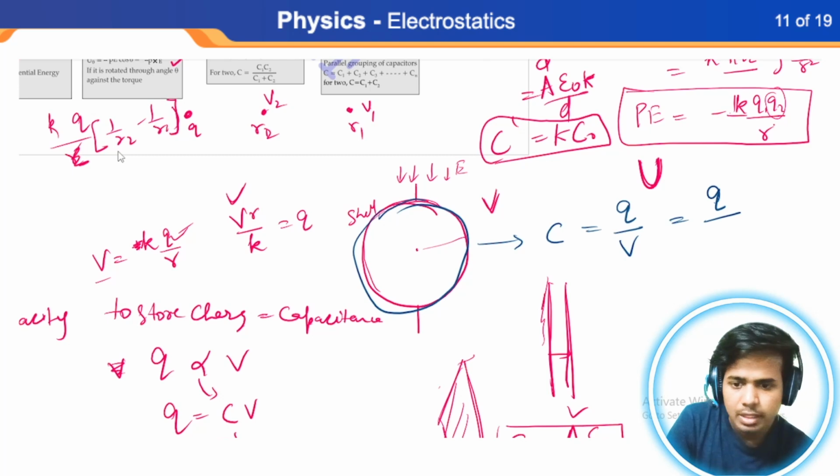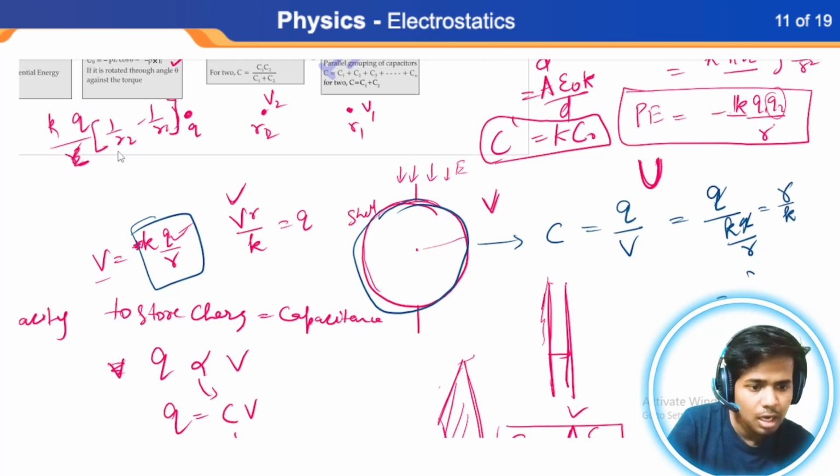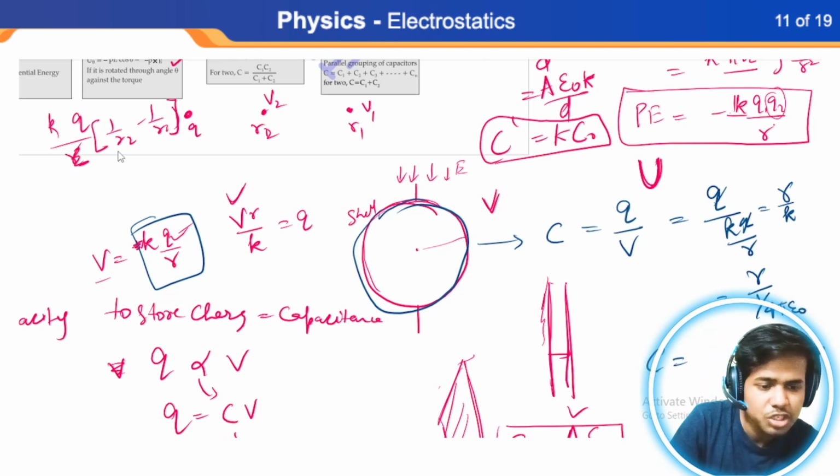Q upon V. What is the potential for such shells? KQ upon R. So Q gets cancelled out and you're left with R upon K, so basically R upon 1 by 4 pi epsilon naught. So the capacitance for this spherical shell comes out to be 4 pi epsilon naught R.